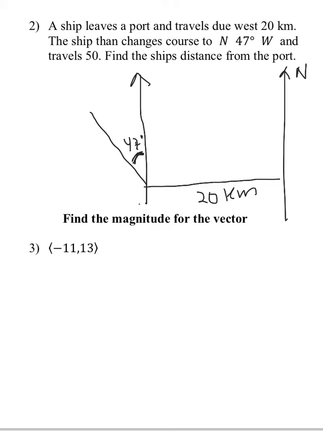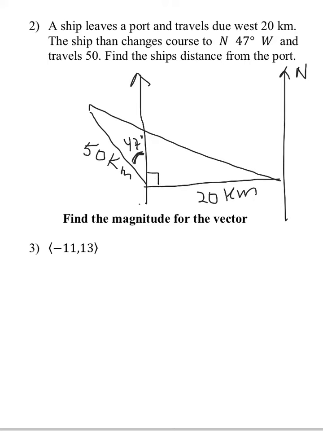Now, this time he goes 50 kilometers. So the question is, what is the distance from the port? Okay, so we're looking for this distance right here. Okay, well, we have one side, we have another side, and then we have the included angle, but not quite.